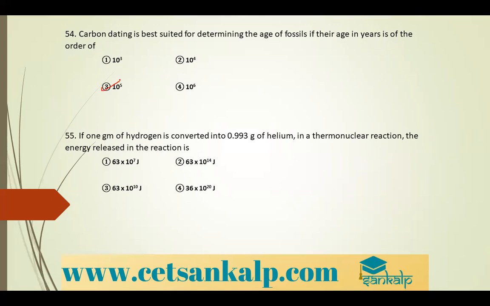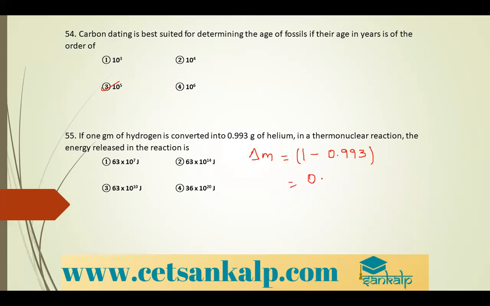Next, if 1 gram of hydrogen is converted into 0.993 gram of helium in the thermonuclear reaction, the energy released in the reaction is... So delta M is equal to 1 minus 0.993.